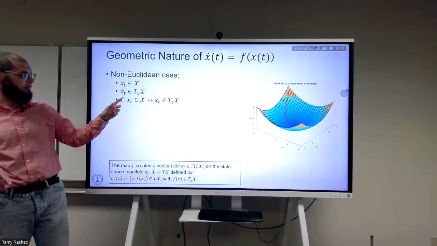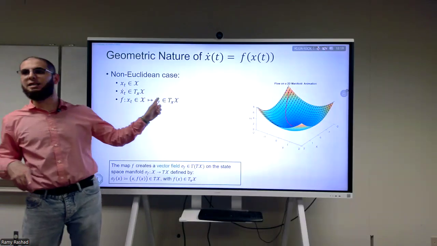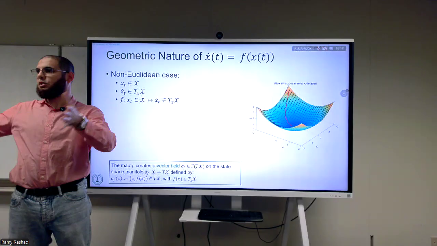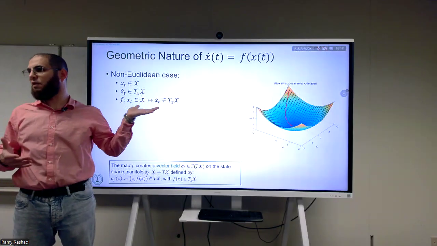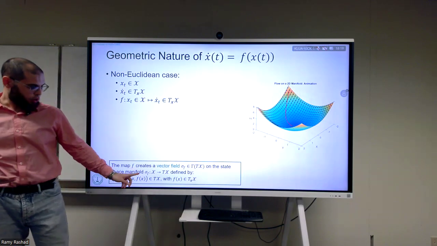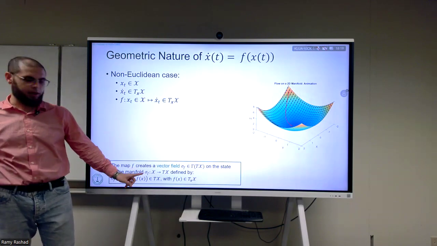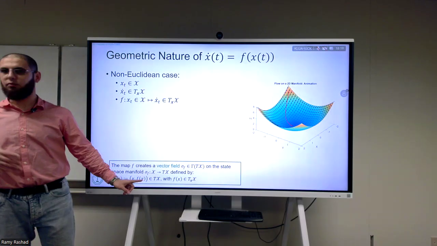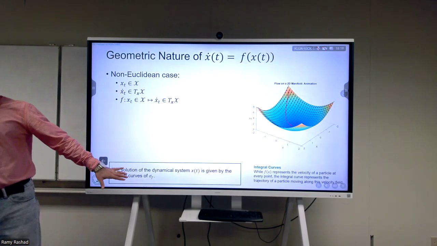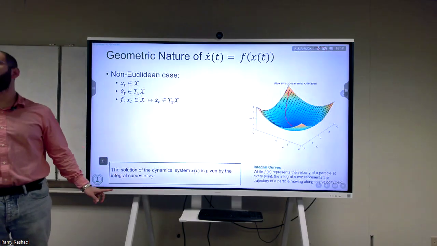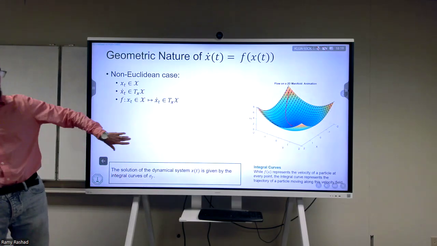So F itself is a map from the points to x dot. But if you generalize this such that it's valid for all points, then we lead to the notion of a vector field. The vector field corresponding to F, we're going to be calling it sigma F. So the solution of the dynamical system is simply given by the integral curves of this vector field.